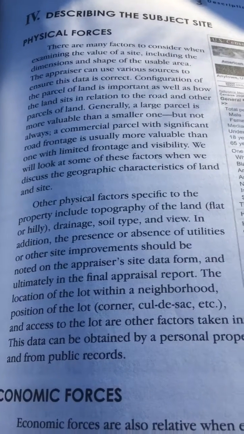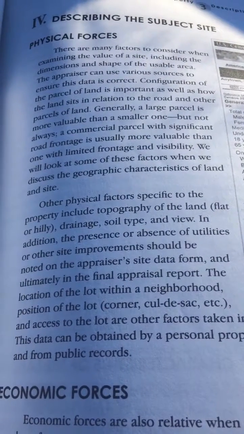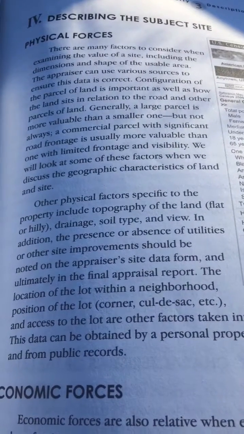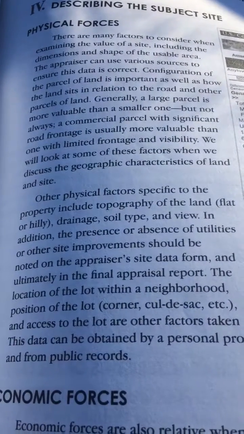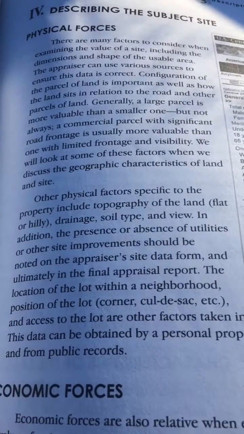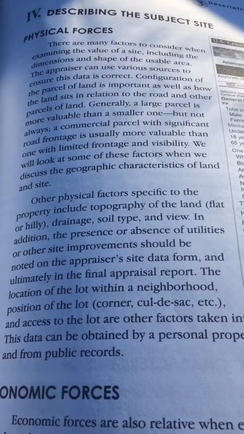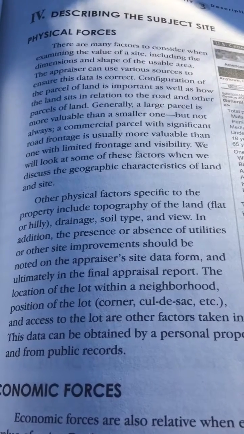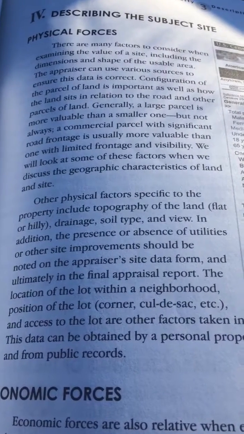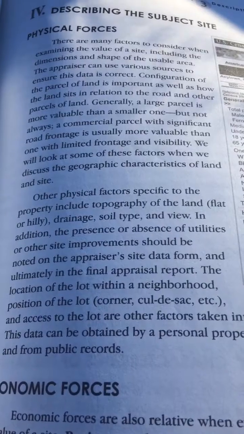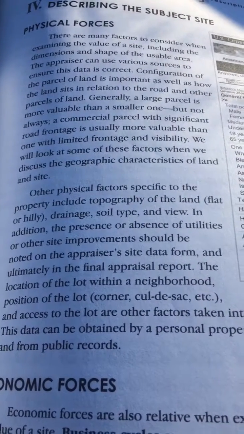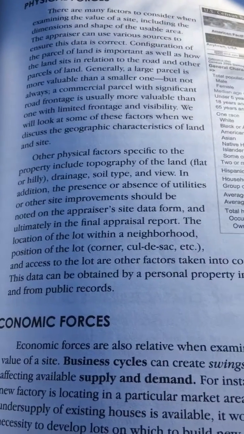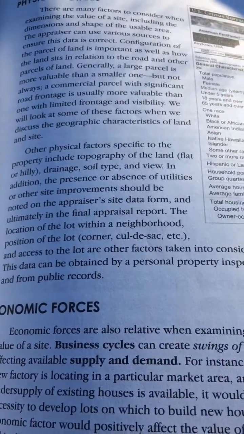Other physical forces specific to the property include topography of the land, flat or hilly, drainage, soil type, and view. In addition, the presence or absence of utilities or other site improvements should be noted on the appraiser's site data form and ultimately in the final appraisal report.